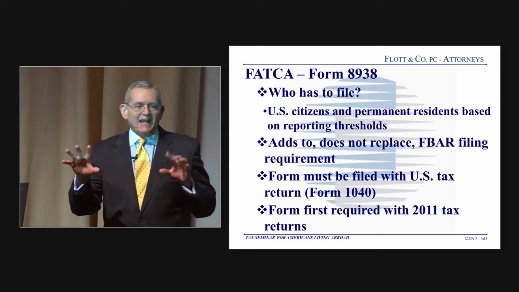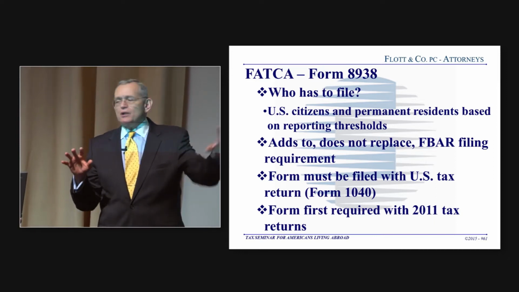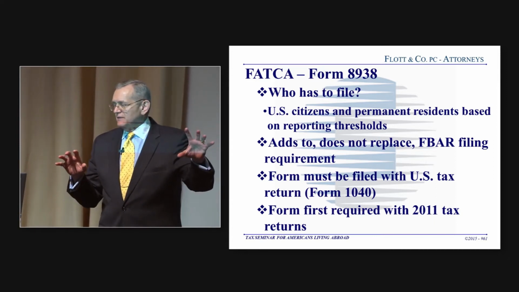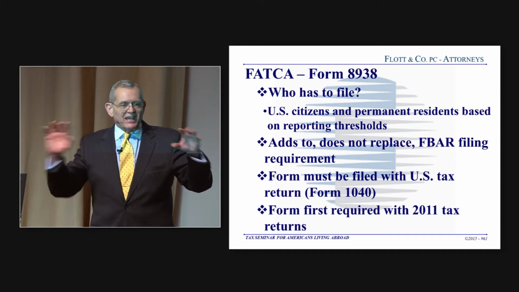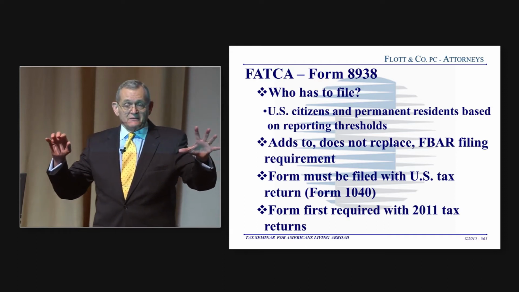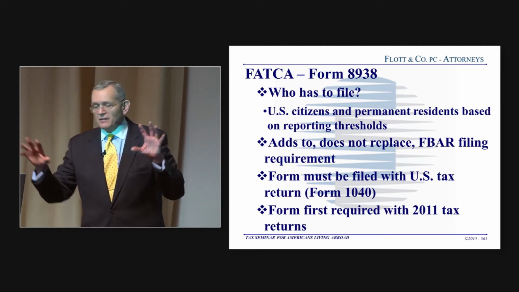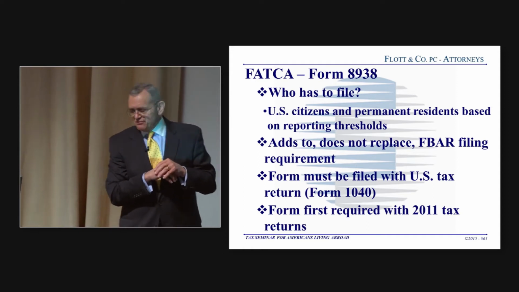It simply added an FBAR-like document to your requirements and put it on the tax return. So you still have to file the FBAR. You may or may not have to file FATCA. Anybody who has to file FATCA is obviously going to have filed FBAR, because the filing thresholds are quite different.